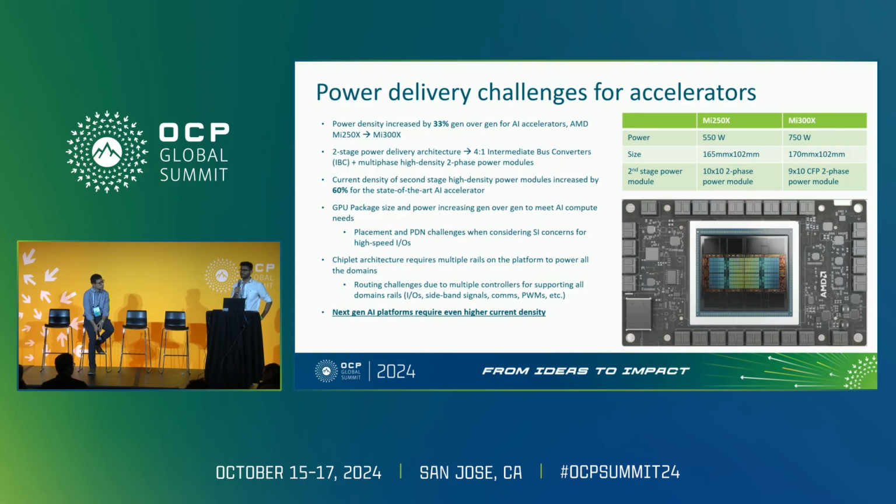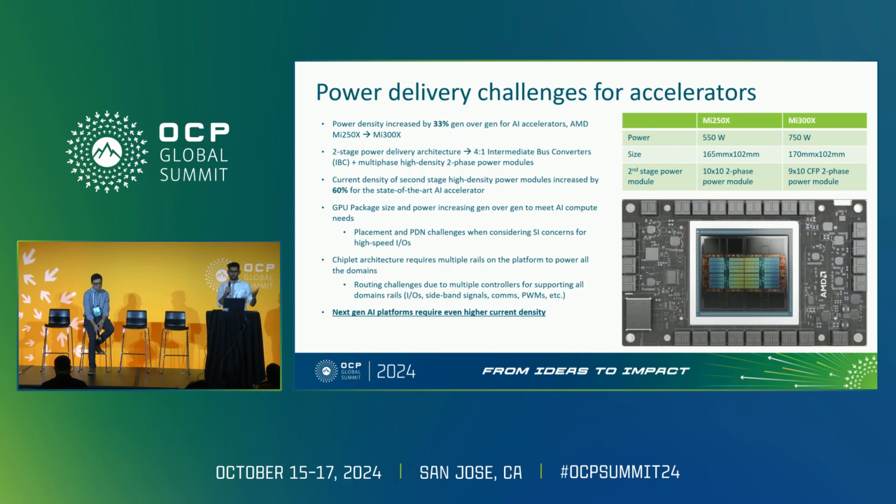And with the recently announced MI325X last week, we are delivering about 1 kilowatt of total board power with the same form factor as the MI300X platform. That's about 30% more power with the same platform size as that of MI300X. So I hope everyone can appreciate the power density challenges that we are facing.